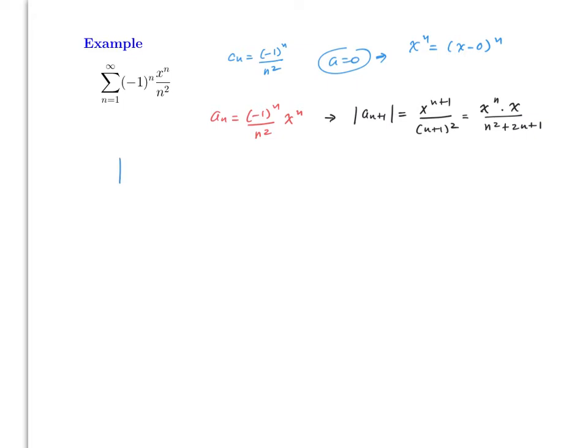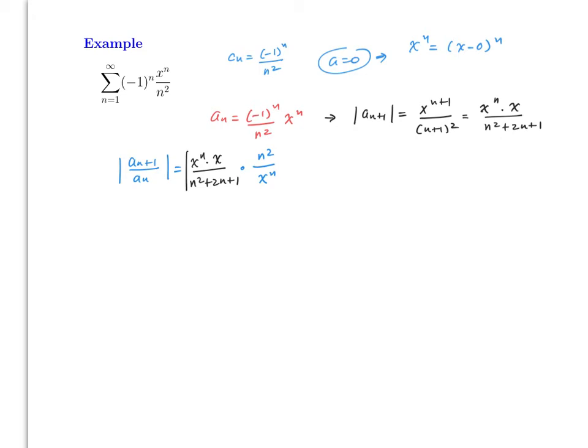So therefore, if we do the ratio of an plus 1 over an, and we did this multiple times before, so an plus 1, remember, is x to the n times x divided by n squared plus 2n plus 1, and then an will be n squared over x to the n.